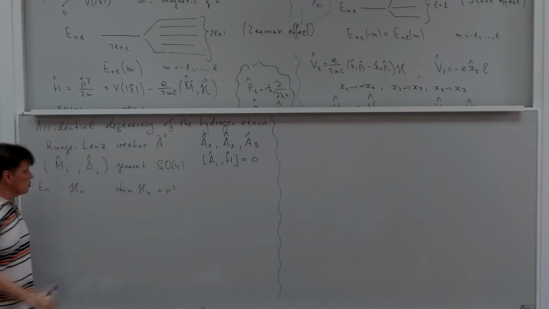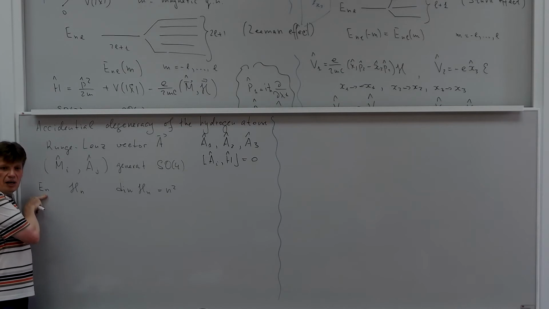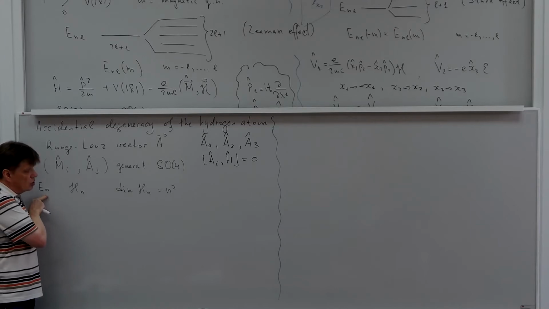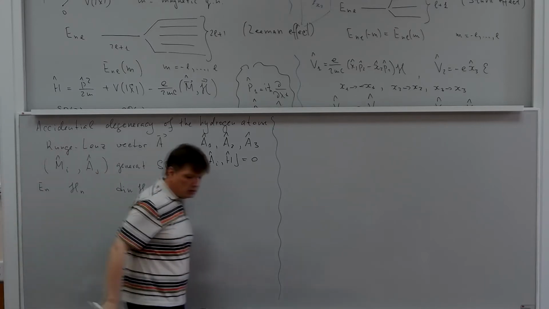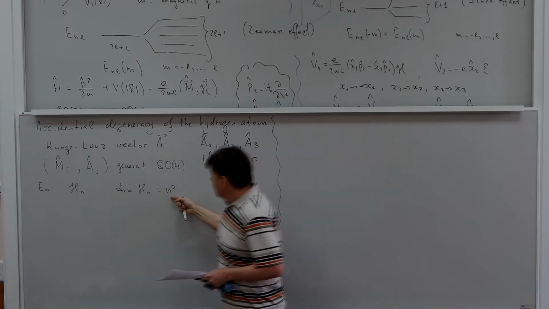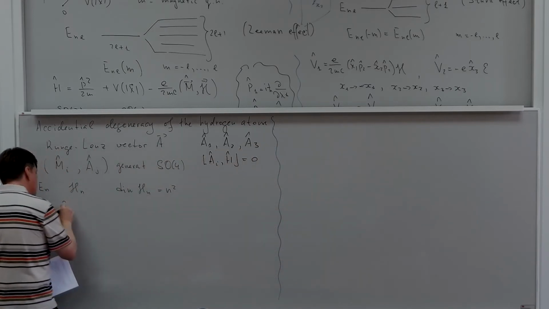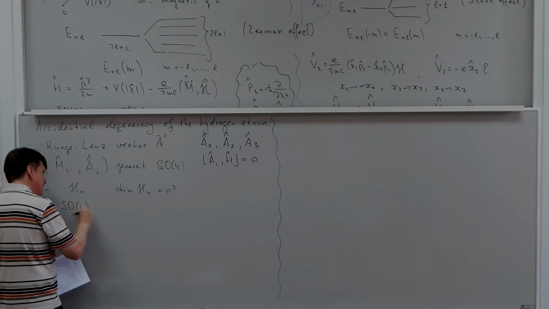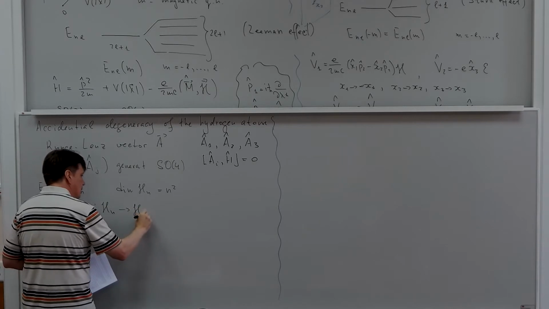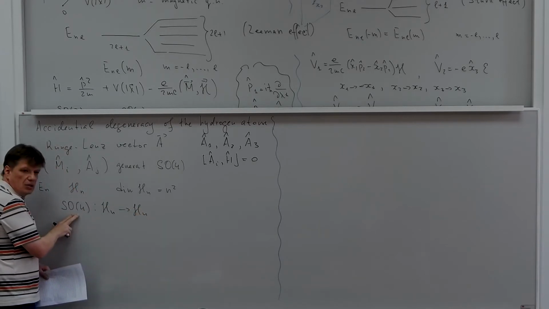That's the multiplicity of each energy level of the hydrogen atom. The extent of the degeneracy is n squared. And each of these spaces transforms irreducibly under the action of the group SO4.